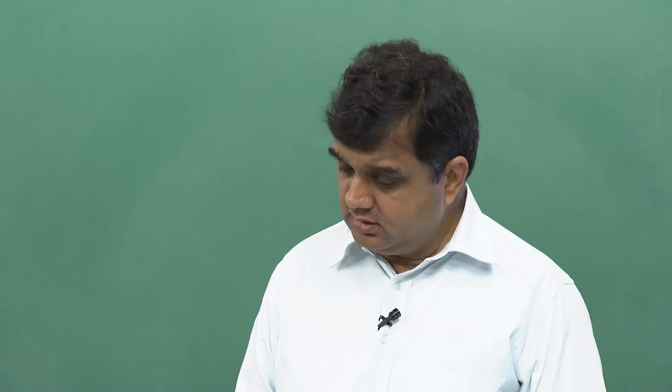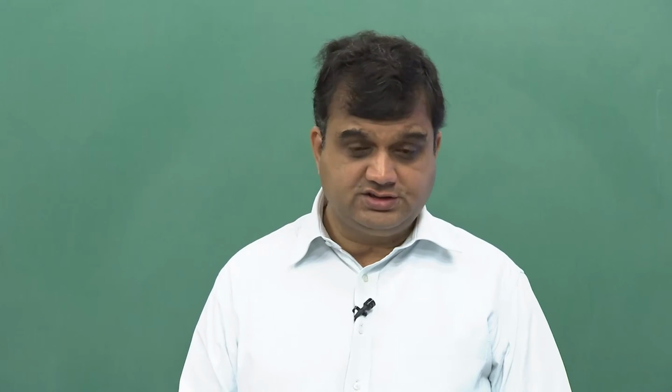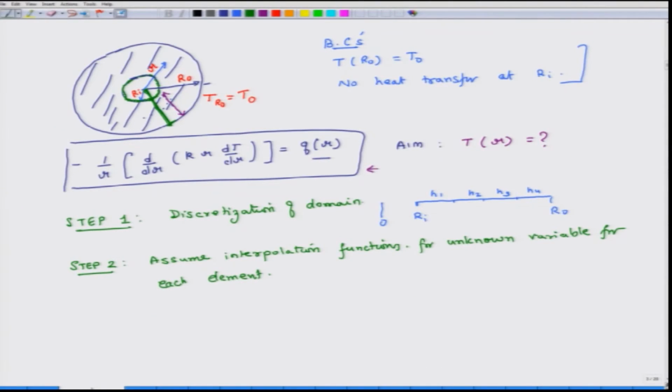T, right. So, for each element we assume how T is going to vary. T is a function of r, and for the eth element I call it Te, with subscript e. So, temperature is varying as a function of r for the eth element.